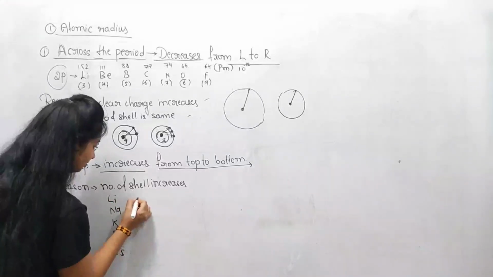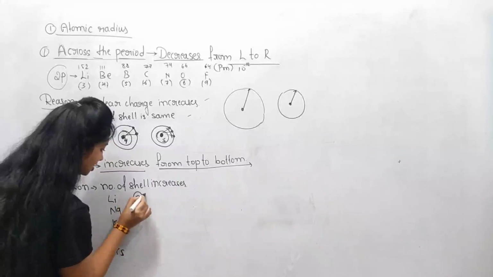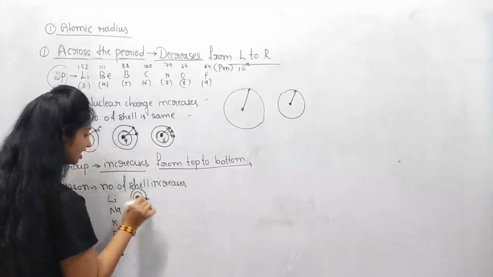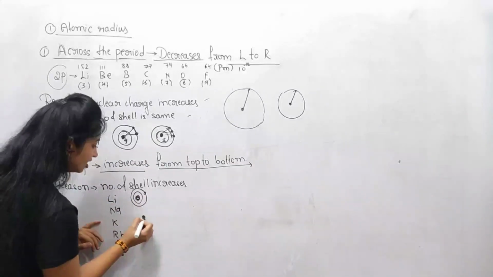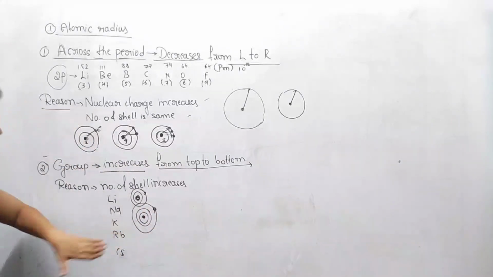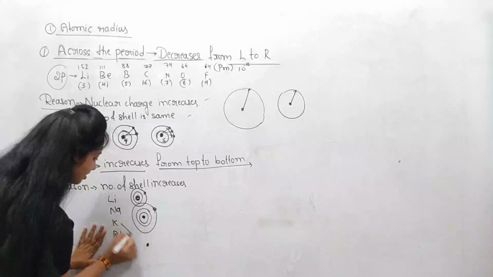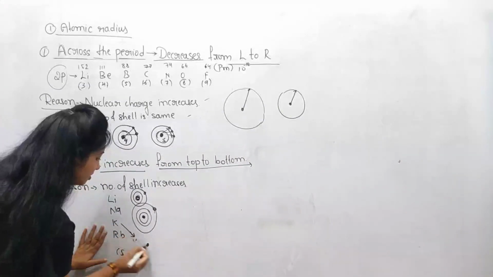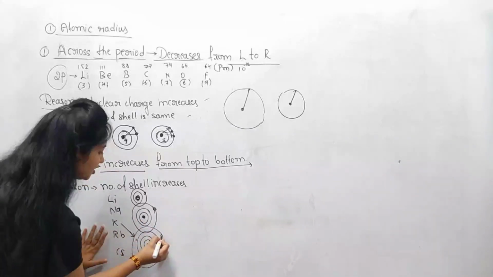In lithium we have 2 shells, so the outermost electron is present in the second shell. In sodium, the outermost electron is present in the third shell. In potassium, the outermost electron is present in the fourth shell.